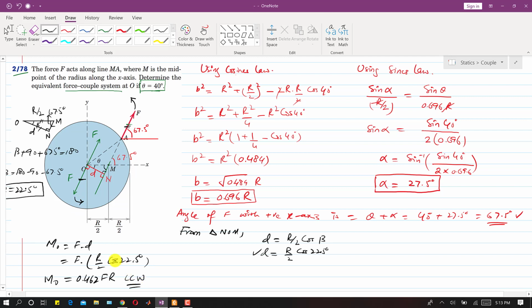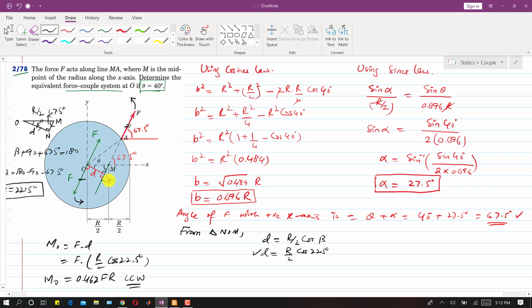Now if you want to represent this force by a force couple system, we will remove all of these and we will be left with only this force, this green one. So to represent this single force by a force couple system, we will draw another diagram, that is a free body diagram.